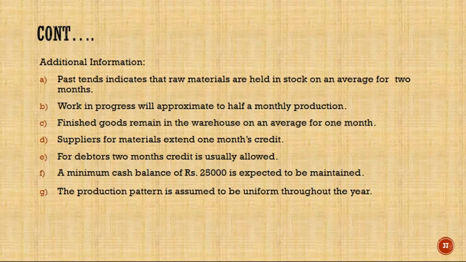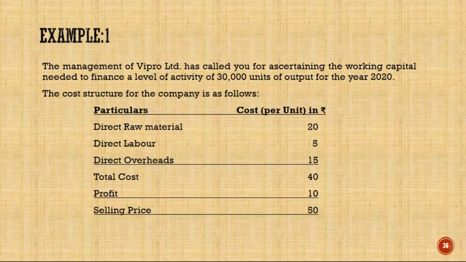So as we have seen in a problem, already they have given information concerned with cost per unit, and they are expecting from us to calculate the working capital requirement for the level of activity of 30,000 units.